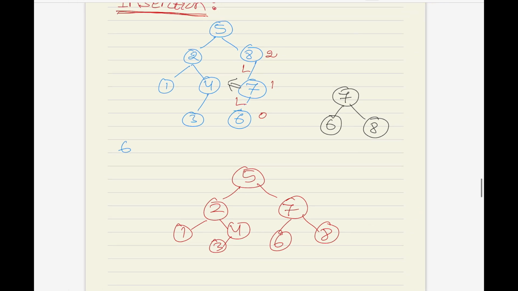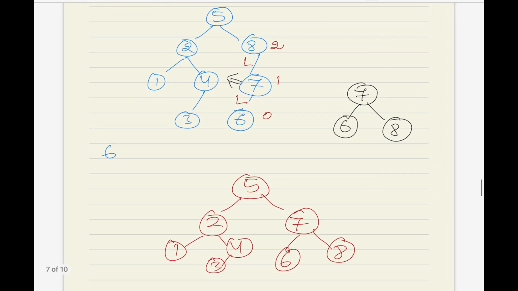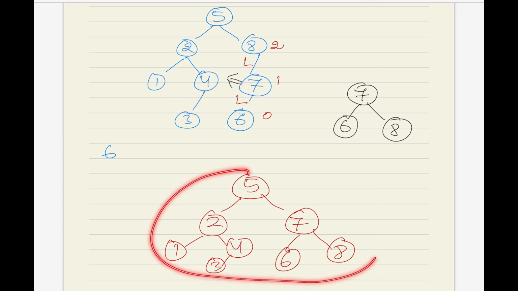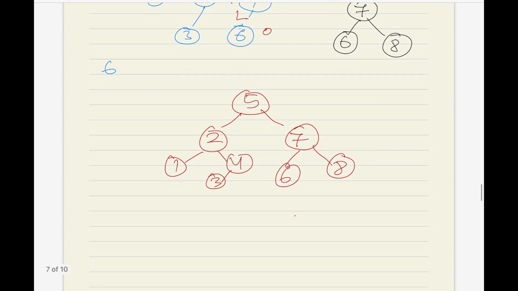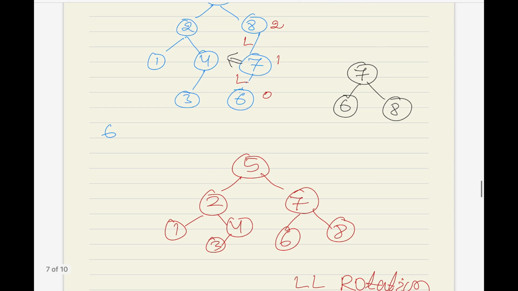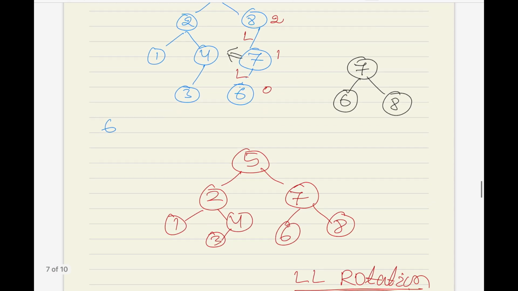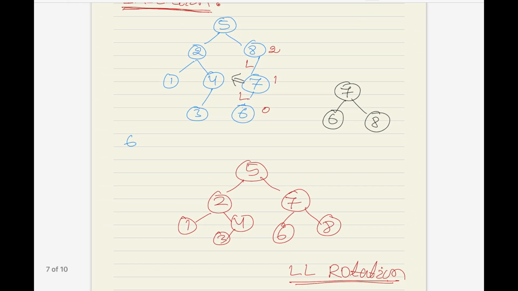The rotation we perform to make this unbalanced tree a balanced tree is LL rotation. So after applying LL rotation to this tree, we get this one. We will see some more examples.